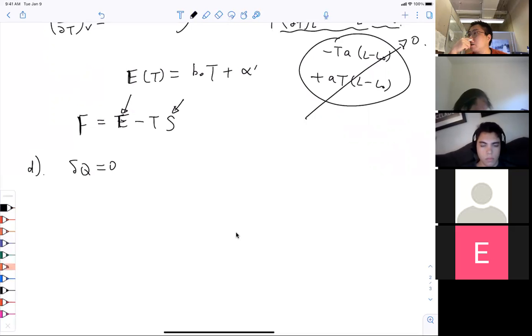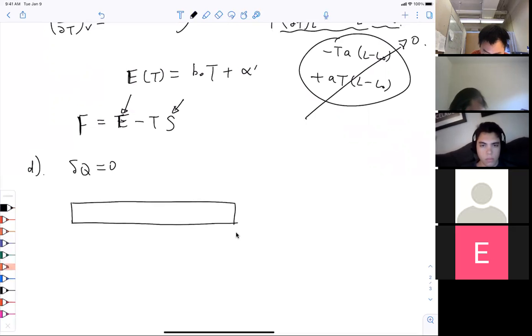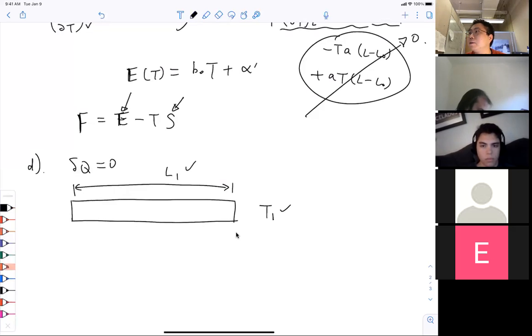We start the rubber band at the extension L1 at temperature T1. So at the initial time, the temperature is T1 and the length is L1. They are given, and let it go.